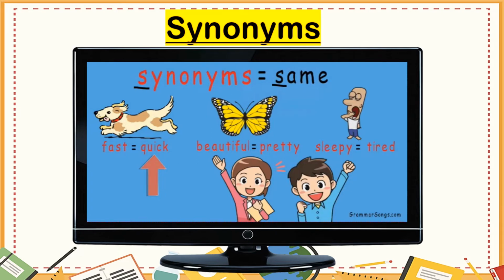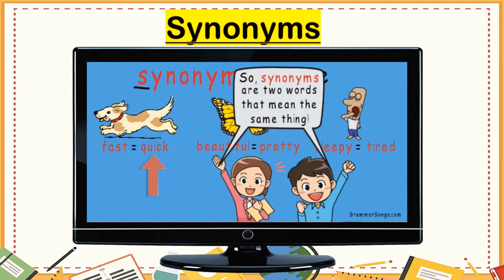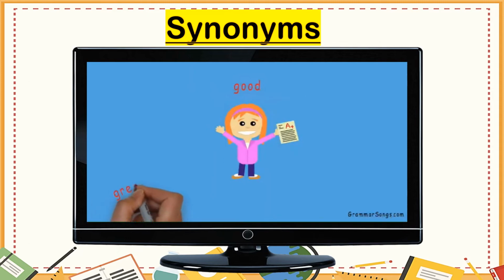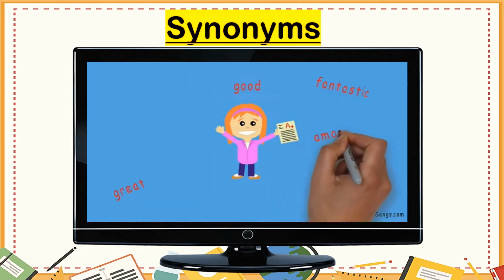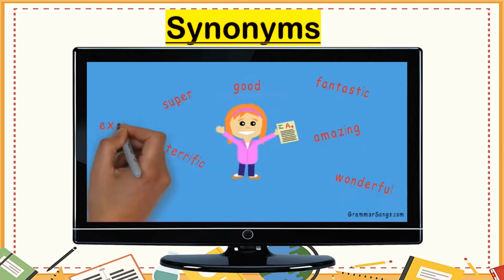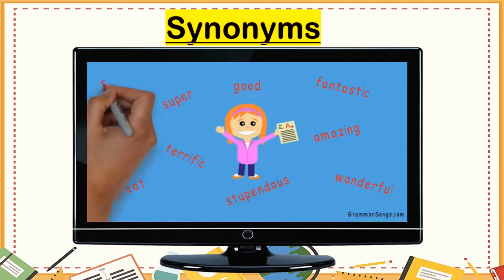Exactly. So synonyms are two words that mean the same thing. Yes, but it is important to note that often words have many synonyms. For example, something that is good could be great, fantastic, amazing, terrific, wonderful, super, excellent, stupendous, or superb. There are probably even more synonyms I didn't think of.